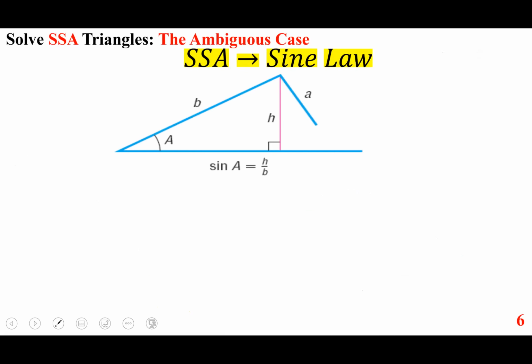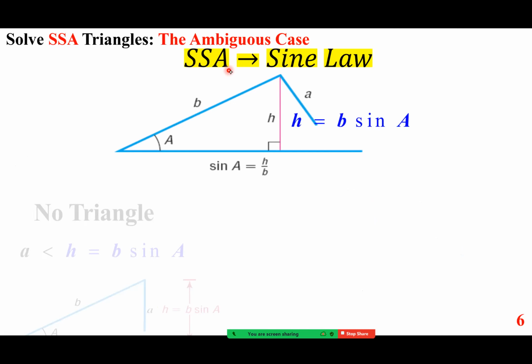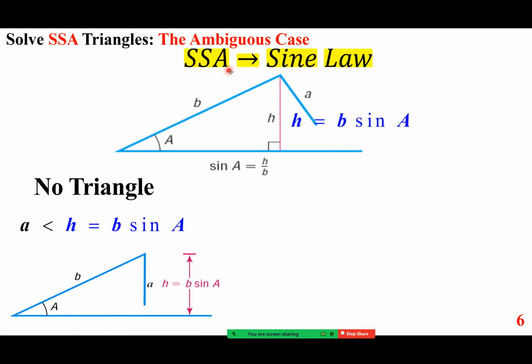Now, I'm going to look at more triangles, and this is the concept of a side angle, which we normally use the sine law for. And there are 3 cases. This is known as an ambiguous case.